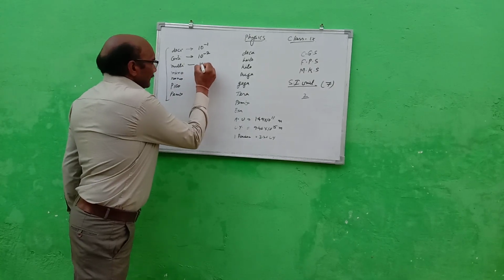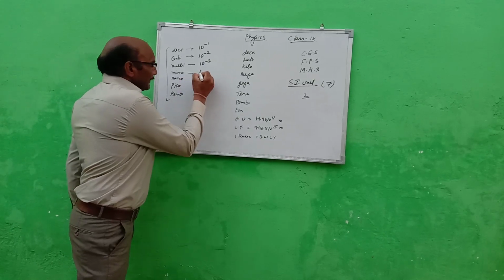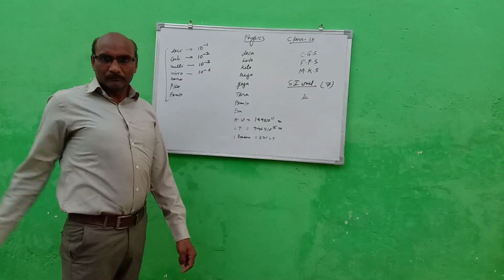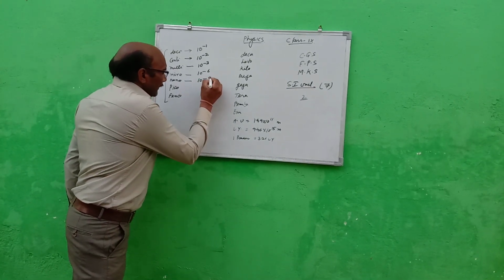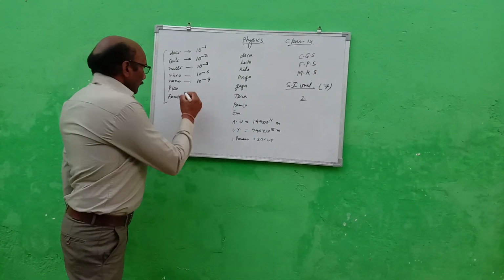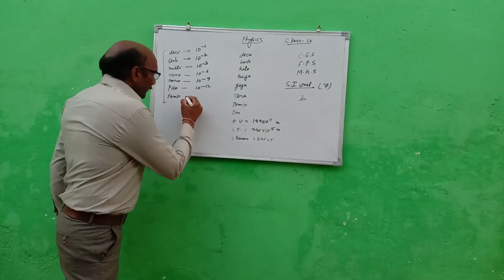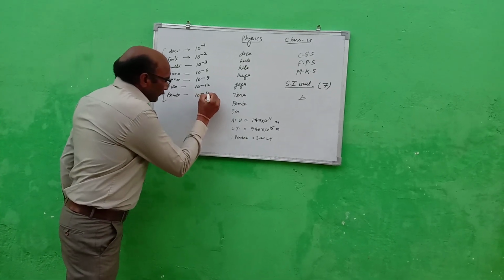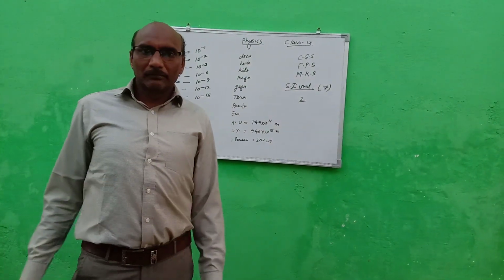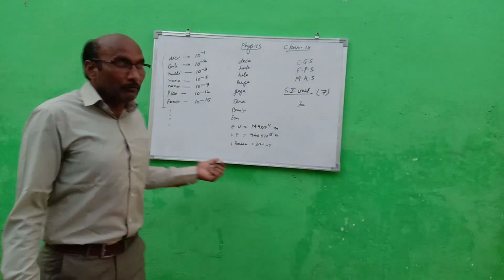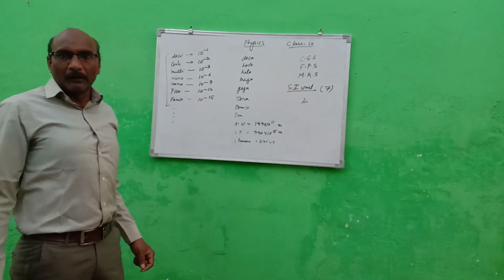Milli is 10 raised to the power minus 3. Micro is 10 raised to the power minus 6. Nano, 10 raised to the power minus 9. Pico, 10 raised to the power minus 12. And femto is 10 raised to the power minus 15. There are some other units also. We will discuss them later as and when required. Now you should learn this series of smaller units. I will give you some examples later.